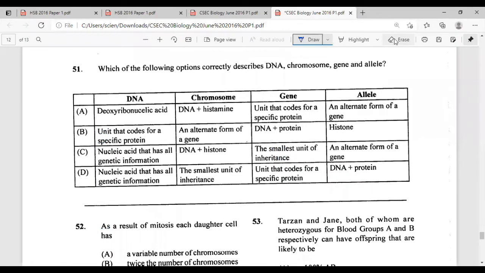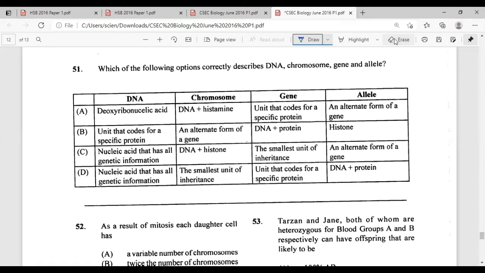51. Which of the following options correctly describes DNA, chromosome, gene, and allele? A: deoxyribonucleic acid, DNA plus histone, unit that codes for a specific protein, an alternate form of a gene. B: unit that codes for a specific protein, an alternate form of a gene, DNA plus protein, and histone.